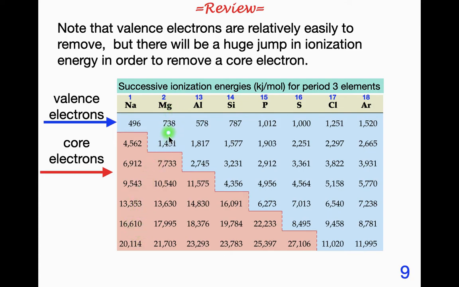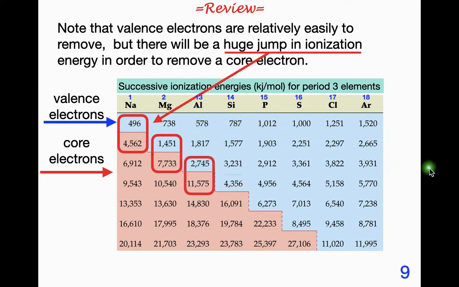For magnesium, it has 2 valence electrons, and they are removed relatively easily, but then the next one goes up almost 5 times as much. And so you can see that trend happens at each step. A huge jump in ionization energy when we remove a core electron.